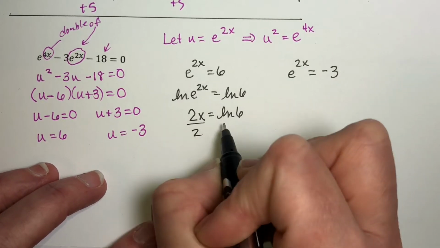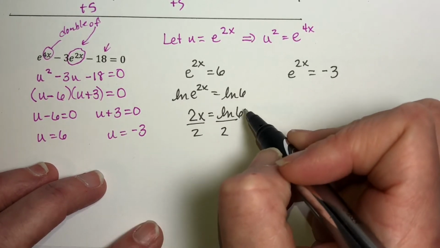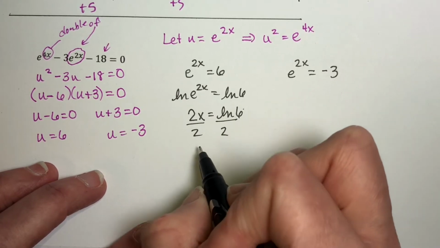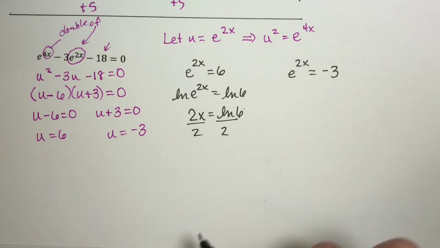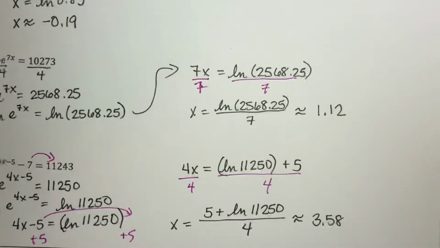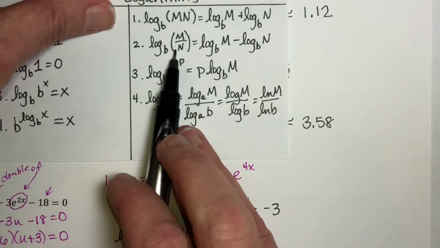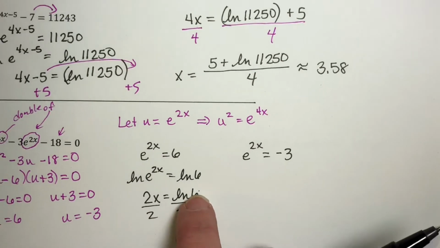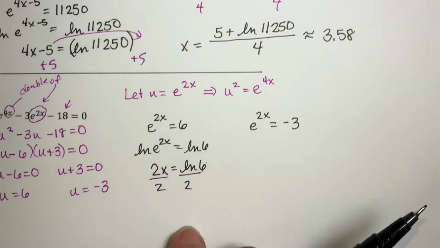Divide both sides by 2. Remember, you cannot divide the 6 and the 2. This is a number, it's not 6. Although we do have a property that involves division, it involves division of the argument, not a natural log in the top and a number in the bottom.